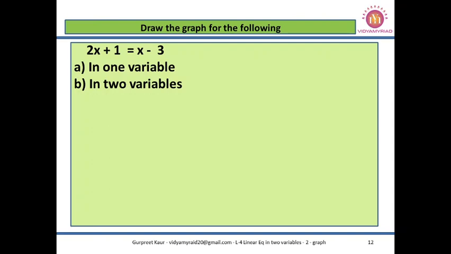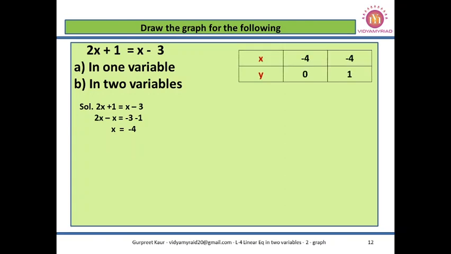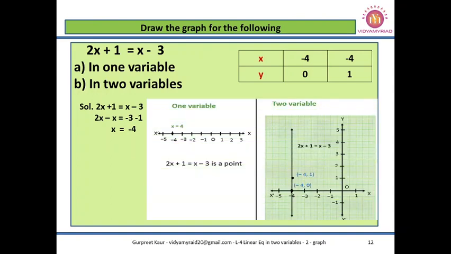Let's see another example: 2x + 1 = x - 3. First solve this equation, you get x = -4. Now what will happen is your x will remain constant at -4 all the time and your y can change. Any number you can take on y. So if I want to plot it on a graph, it will be like this for one variable: I will draw the x-axis and you will plot -4 on it.